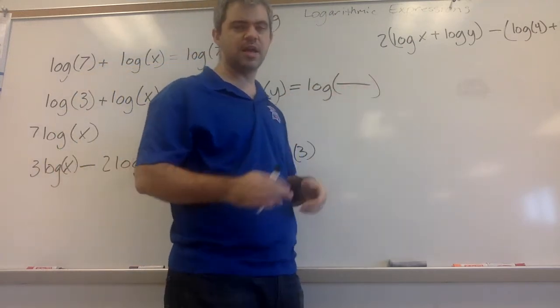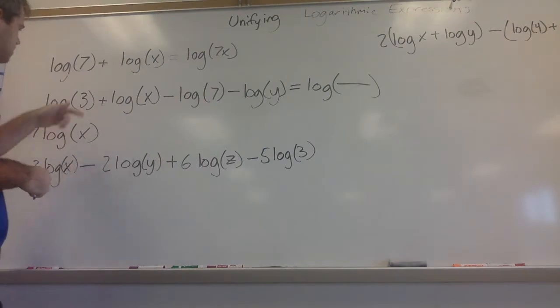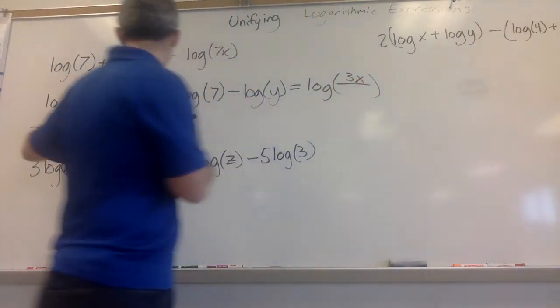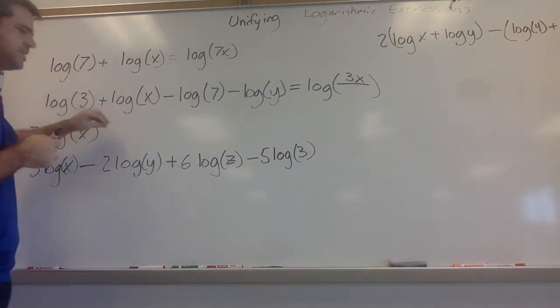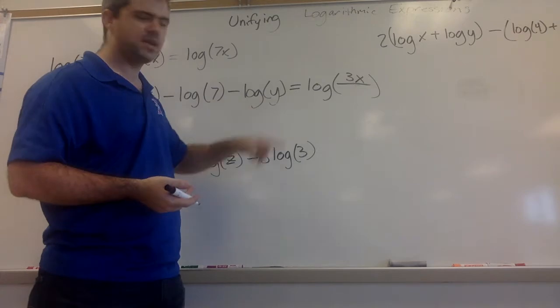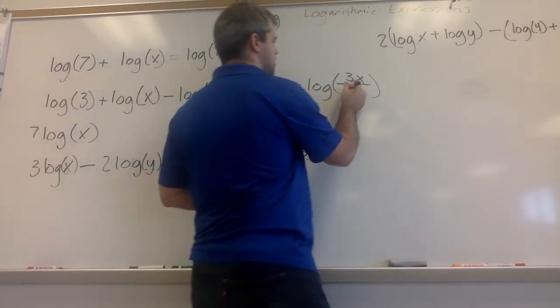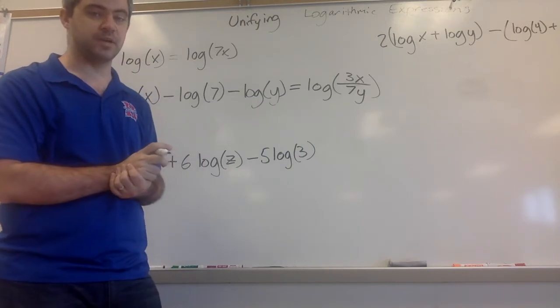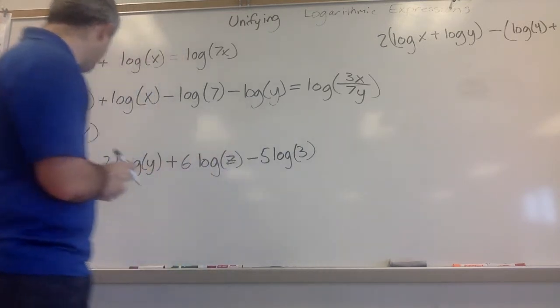Anything down here is being divided. So I'm going to say, okay, log 3x, because these are both positive. They're being multiplied. But these are negative. They're being divided. So these are going to go down here. All right.